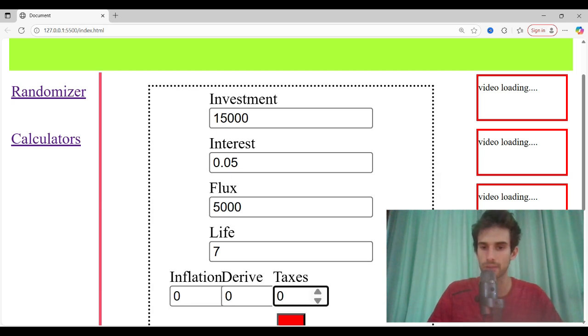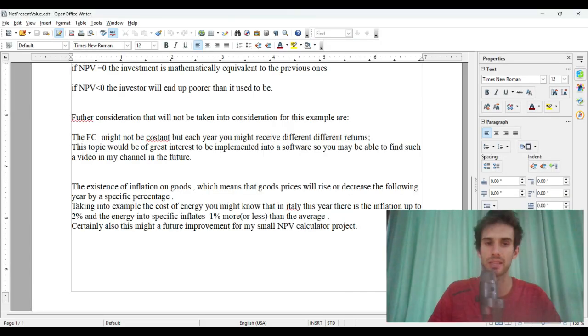The inflation is the parameter where a positive value means that the goods are going to rise, and a negative value means the goods are going to decrease in price. This is a pure financial thing, I know.